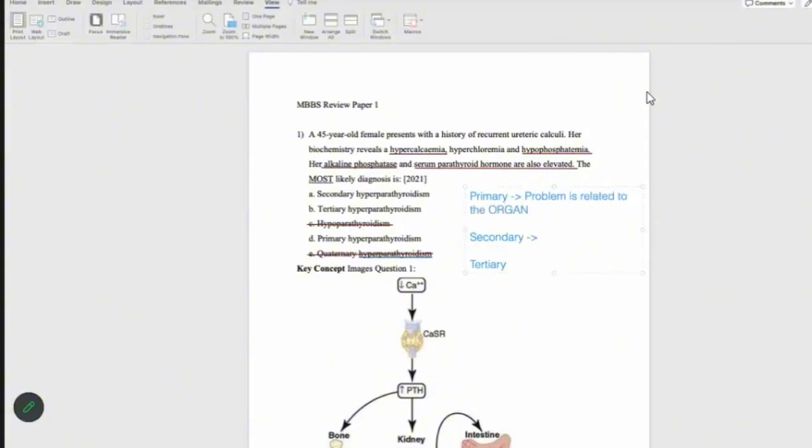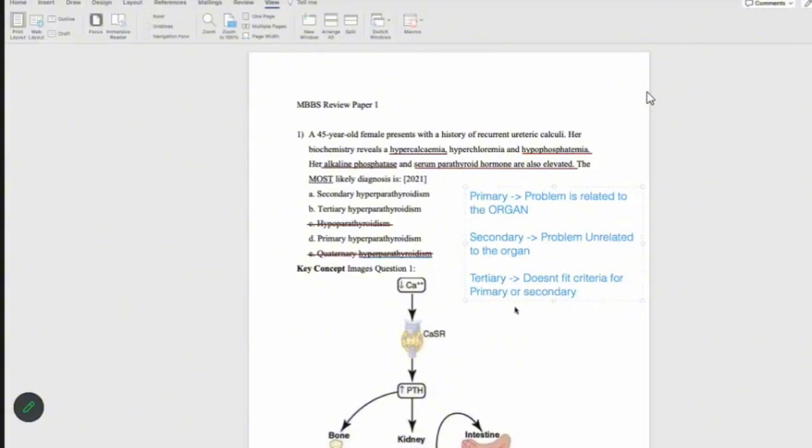If you say secondary hyperparathyroidism, it means the problem is unrelated to the organ, meaning the problem is not the organ, it's somewhere else in the body, right? So it could be another organ, but it's not that organ, right? And then tertiary just means doesn't fit the criteria for primary or secondary, all right?